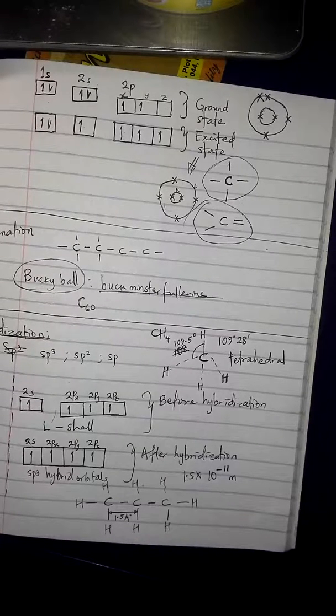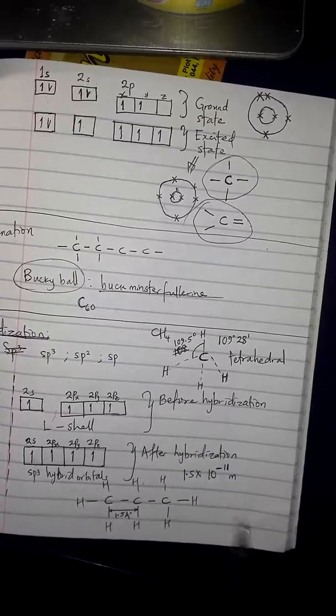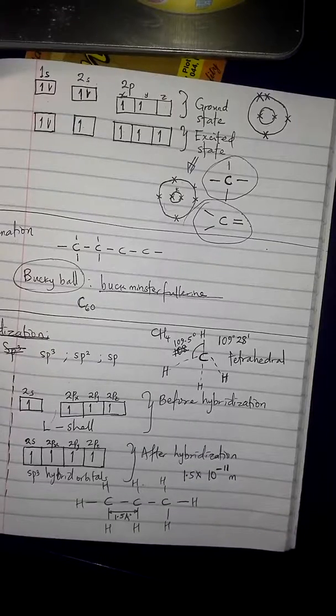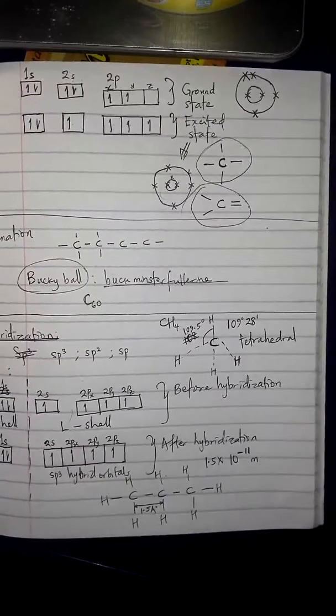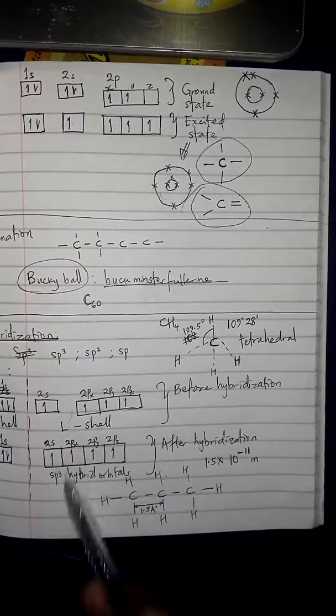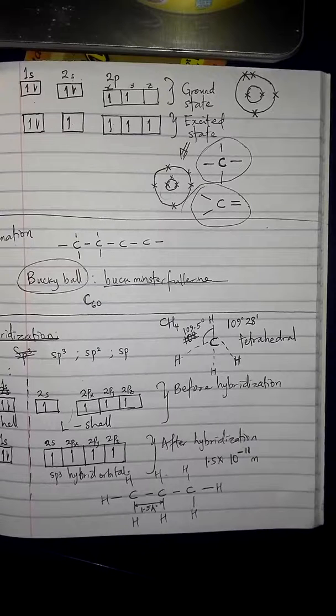But generally, when you hear alkanes, it means hydrocarbons where you have carbon to carbon single bonds only. So these are alkanes. That should follow from all the other properties we have mentioned: when you have sp3 hybridization, you are going to have only carbon to carbon single bonds.